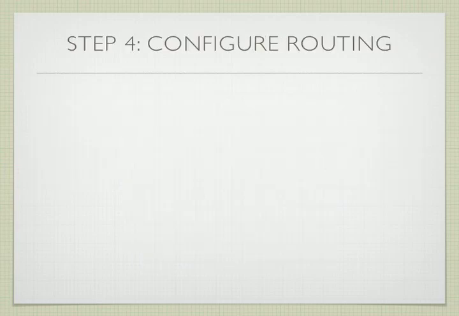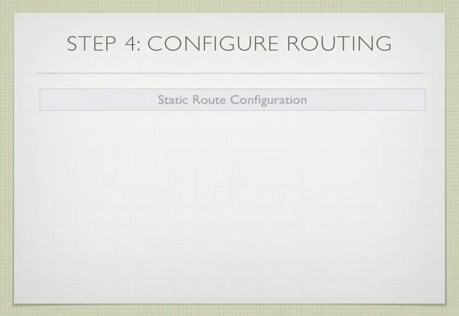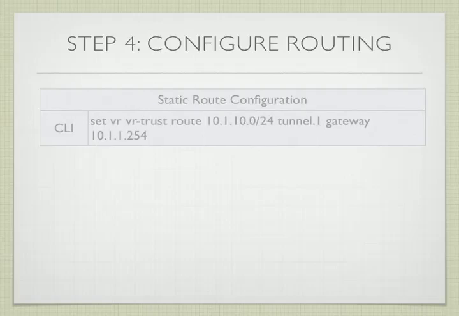Okay, now we have our basic phase 1 and phase 2 up. Instead of creating a policy that's going to create the routing and allow the traffic, we're separating these now. So we're going to do routing first, and in this case we're going to create a static route using the same commands we learned in the previous lessons.